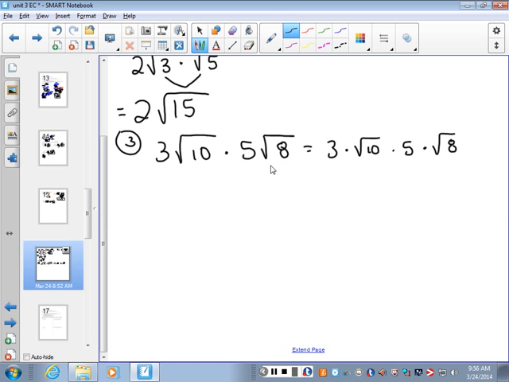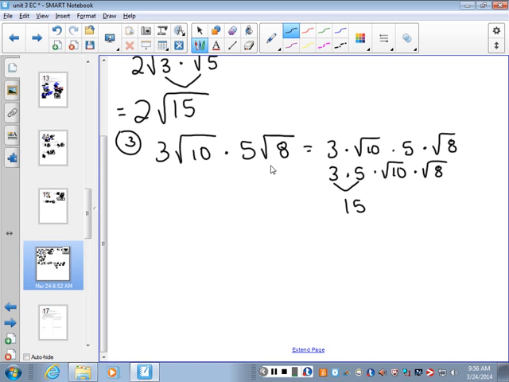So we have what's called the commutative property of multiplication, which says, play with that order all you want, it's still the same. 2 times 3 is the same as 3 times 2. And you don't have to write this on every problem. I'm just showing you why. So yes, we absolutely can multiply, as Shakira said, that 3 times 5, the outside numbers. You get 15.